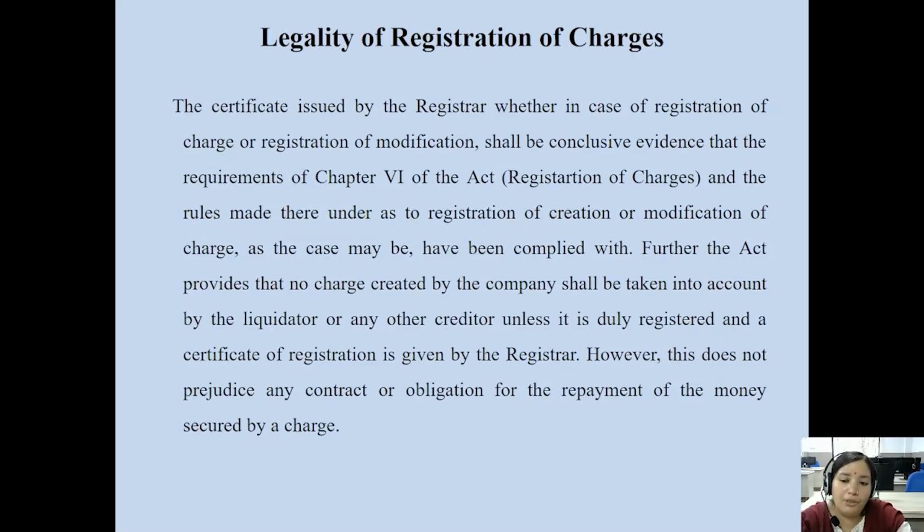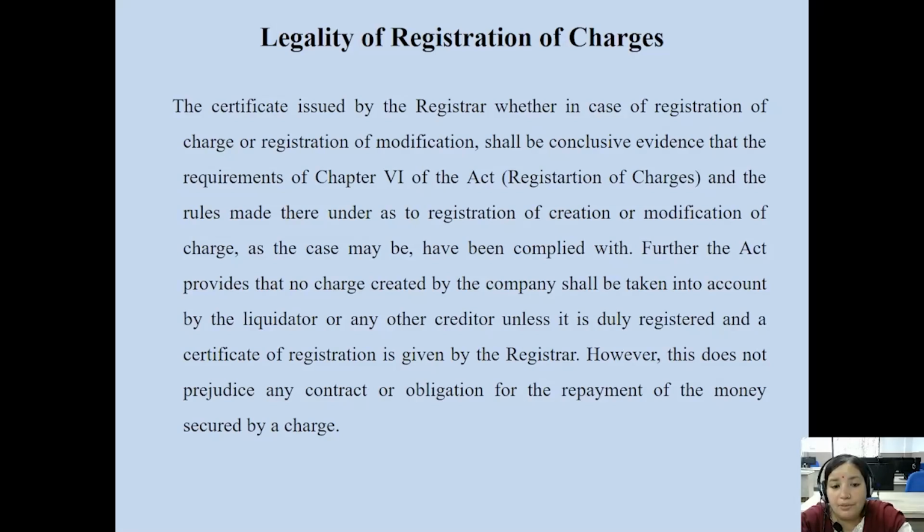If there is a non-payment of dues by the company, then the banks can utilize this certificate of charge, present it in the court of law, and utilize that property and assets of the company for the purpose of payment of their dues. So, it must be duly registered.